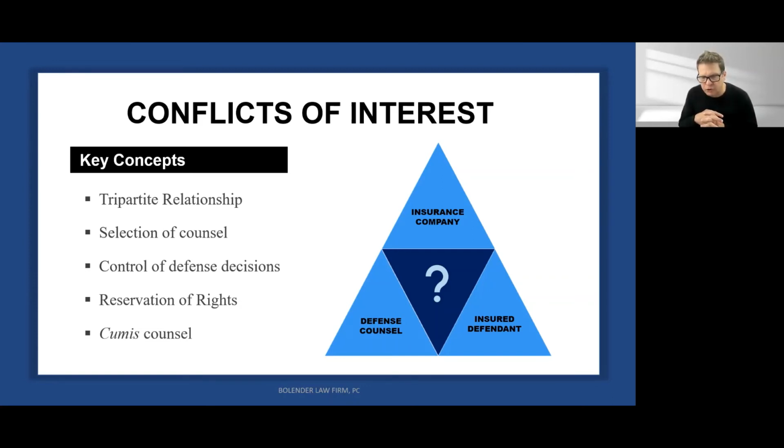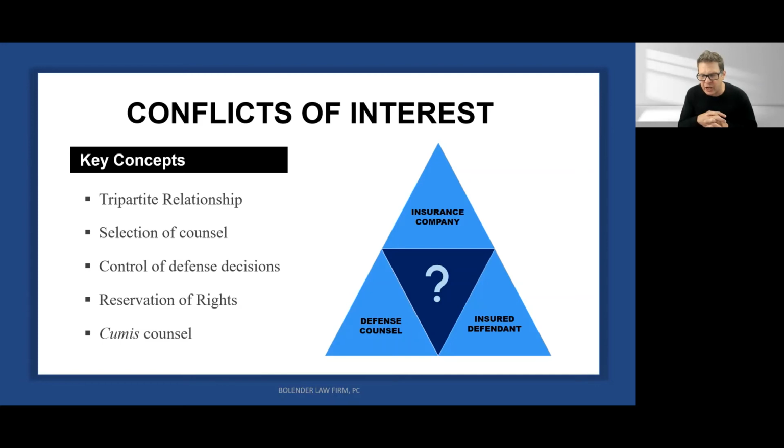Now, the defense counsel's primary duties are owed to the policyholder, the insured defendant, that is. But under California law, both the insurer and the policyholder are considered to be the clients of the attorney. Now, the tripartite relationship functions efficiently in the vast majority of lawsuits, unquestionably, and that has been around for at least 50, 60 years now.